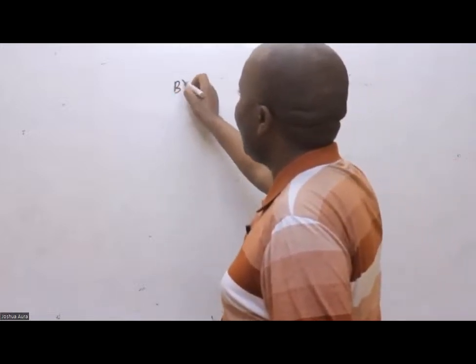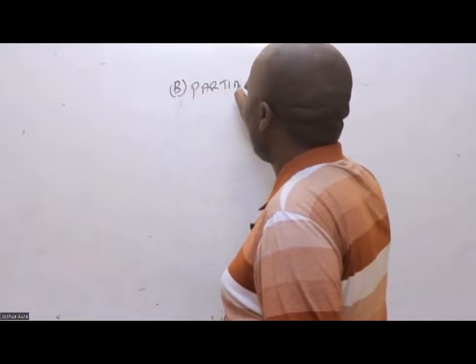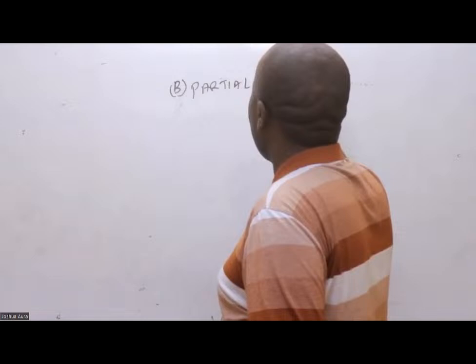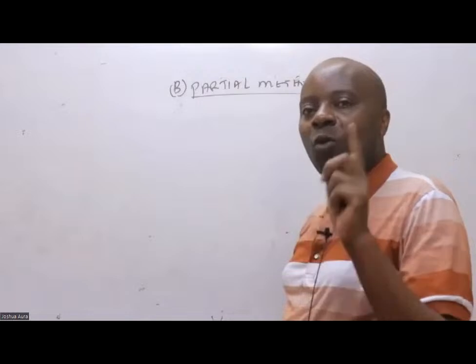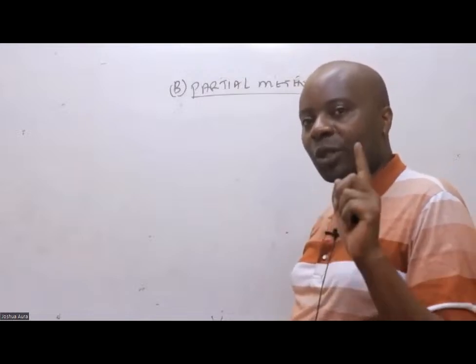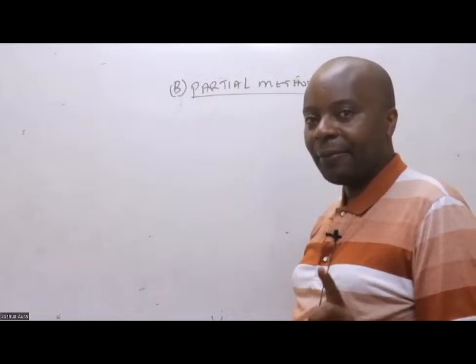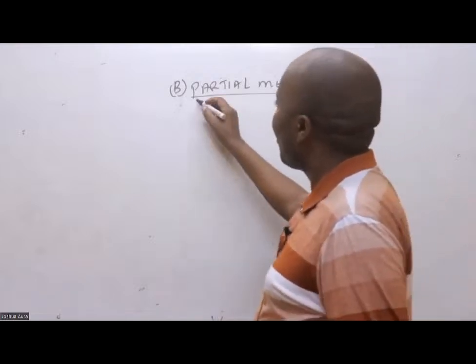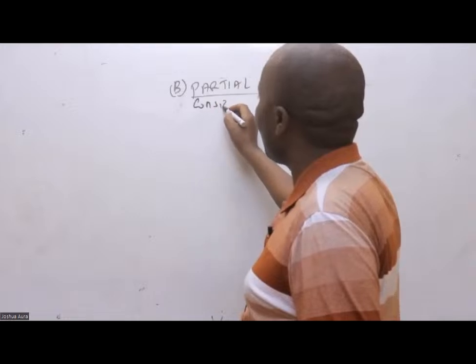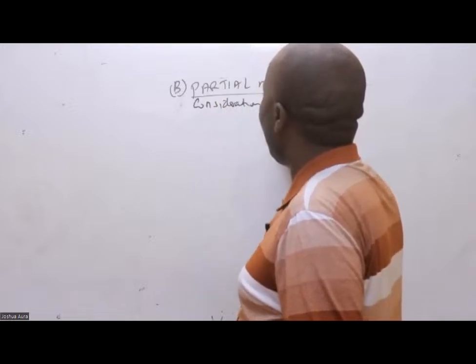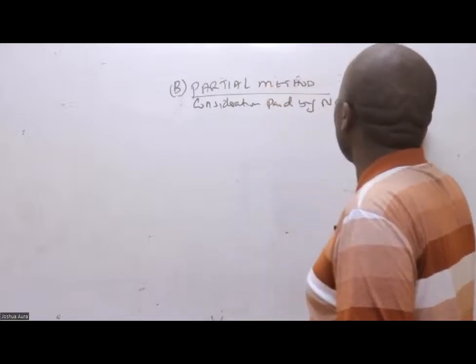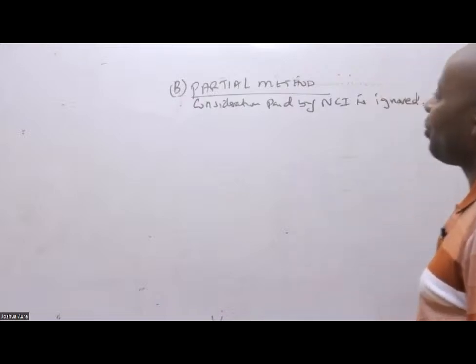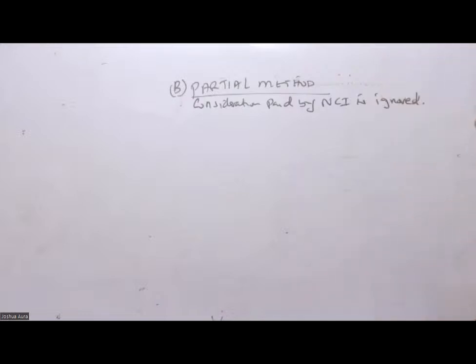So under the partial method of calculating goodwill, basically here we consider one consideration, which was paid by who? The parent company. So here, the consideration paid by NCI, which is non-controlling interest, is ignored.